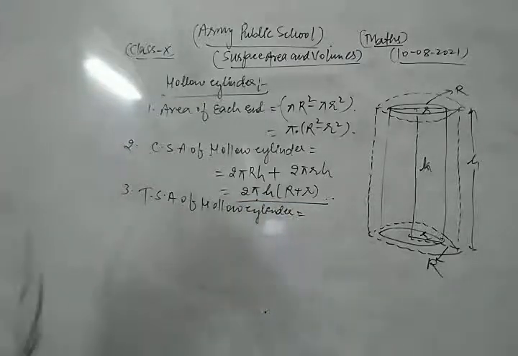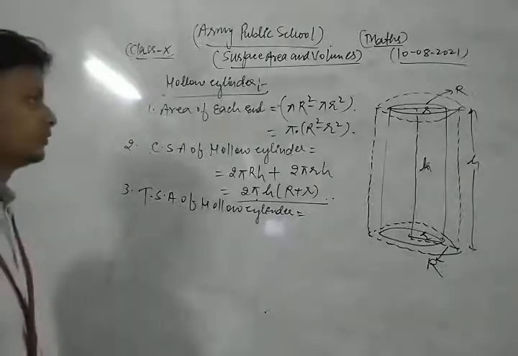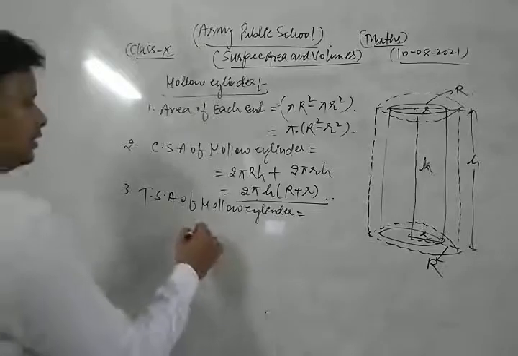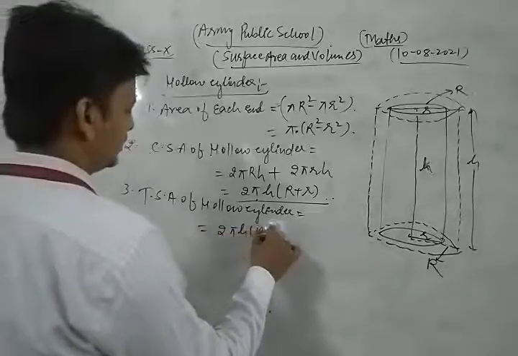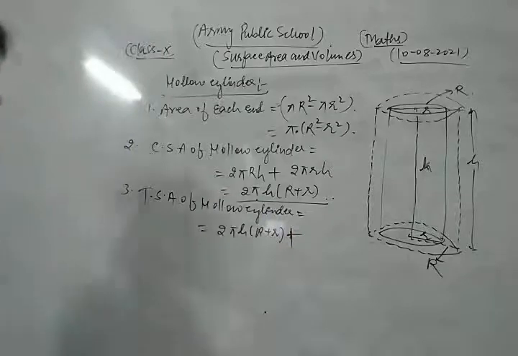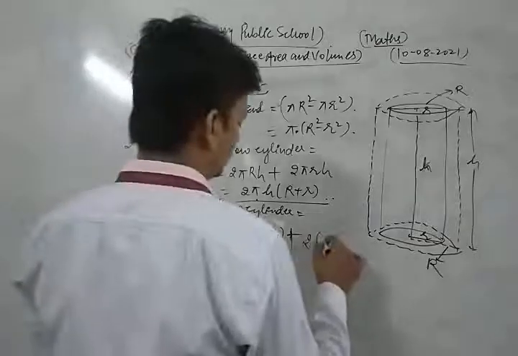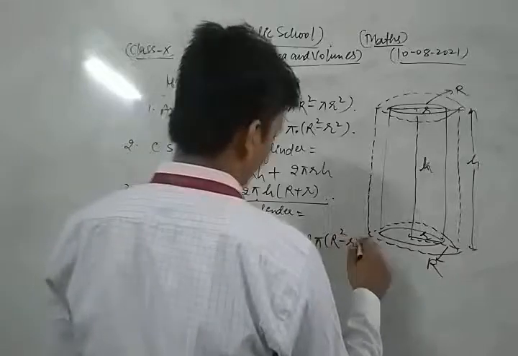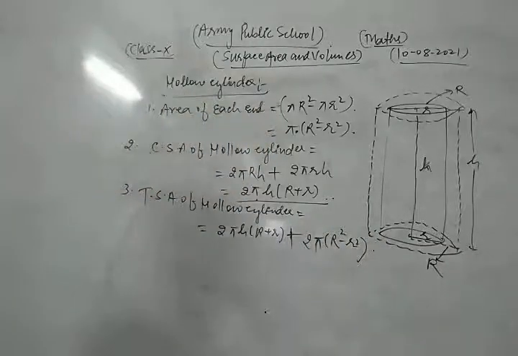Dear student, the total surface area is its curved surface area, that is 2 pi h in bracket capital R plus small r, plus the area of both ends. The area of each end is pi in bracket capital R square minus small r square, so for both ends it is 2 pi in bracket capital R square minus small r square. This is the concept of total surface area of a hollow cylinder.